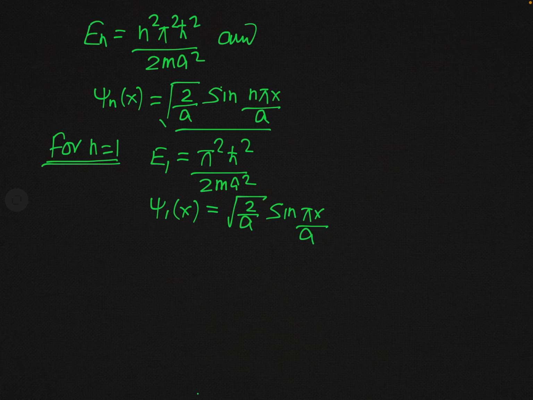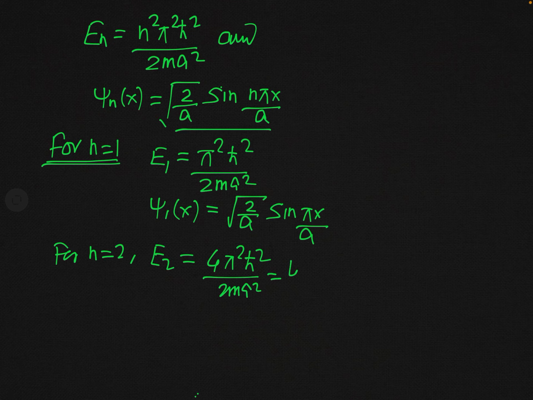Again, if we consider another value of n, say n equal to 2, what will be your result? The energy eigenvalue will be E2, and this will be actually equal to 4 times pi square h bar square over 2ma square, or you may write it as 4E1.